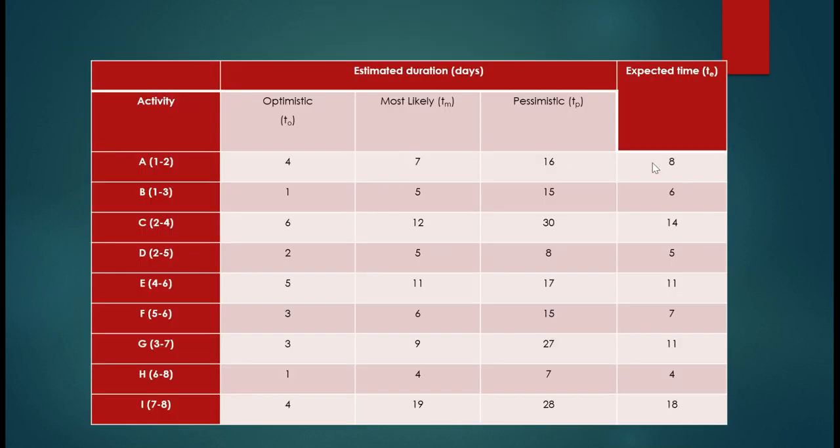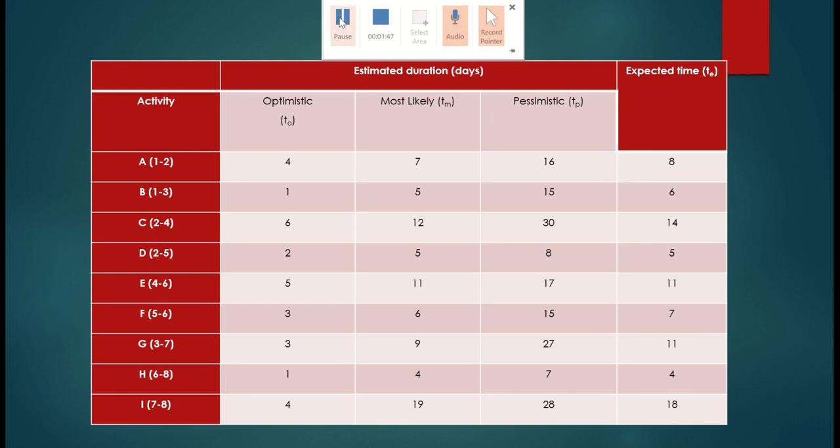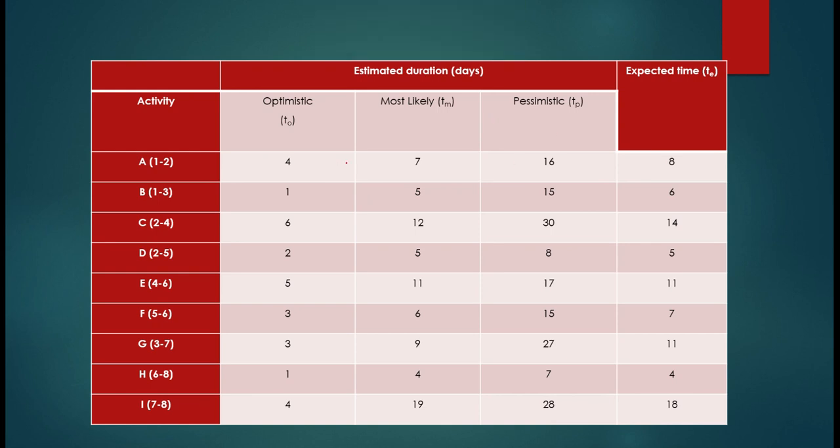So now here we have applied the formula for expected time, or you can say average time, whatsoever you call it. The formula I have just shown you: TO plus 4TM plus TP. It means 4 plus 7 into 4, that is most likely time.